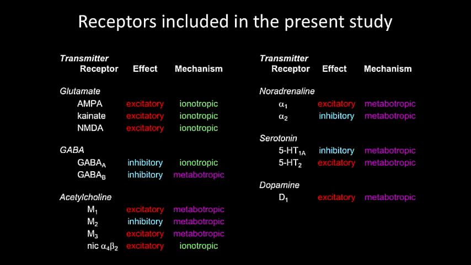And from each of these transmitter systems, I have selected the most abundant receptors in the cerebral cortex of the human brain. And this is shown here. These receptors are either ionotropic, they have an ion channel integrated, or they are metabotropic. They act via G proteins. They are either excitatory, in red, or inhibitory, in light blue here.